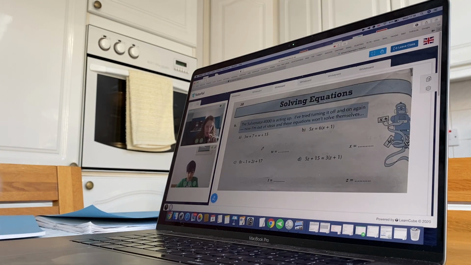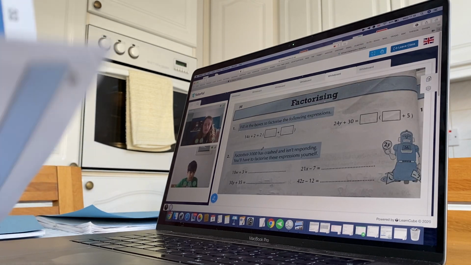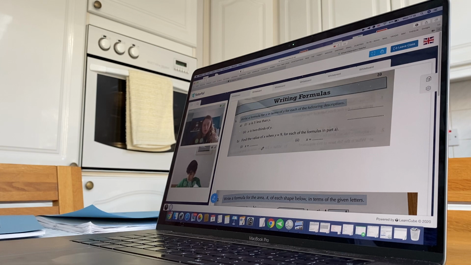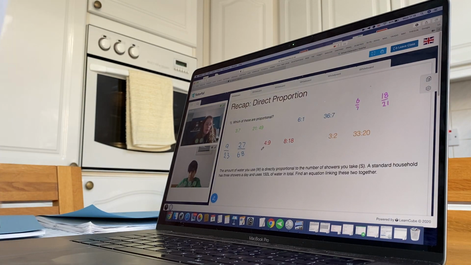It's solving equations, factorizing, and writing formulas as well. So we'll do the little recap first, and then you can choose one and we'll work through one of the pages. Sound good?